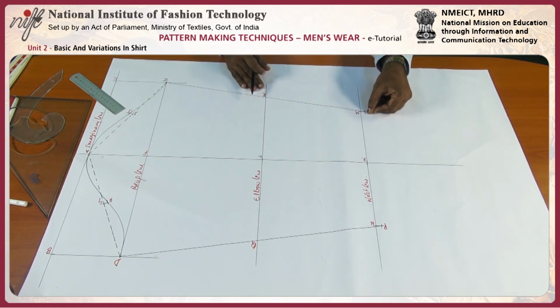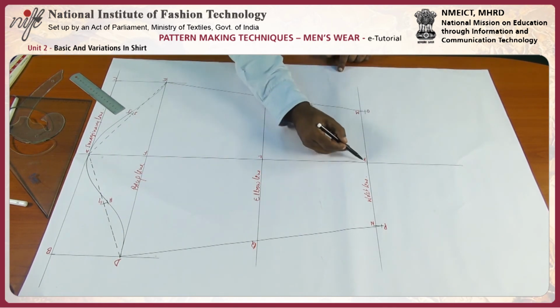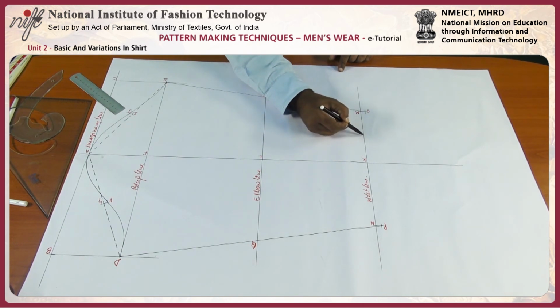First, let us place the sleeve placket positioning. Point S is the midpoint of the line KM. Point S is to be placed in the middle of KM.